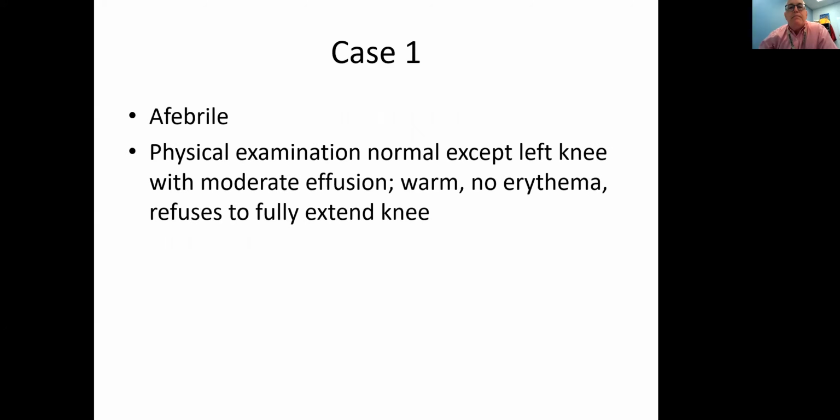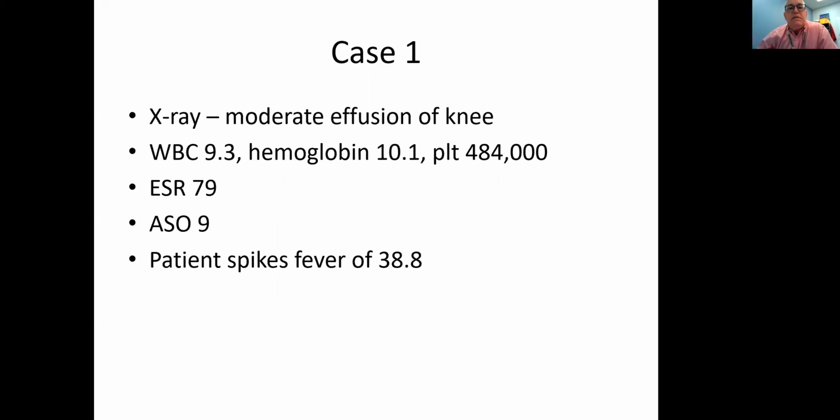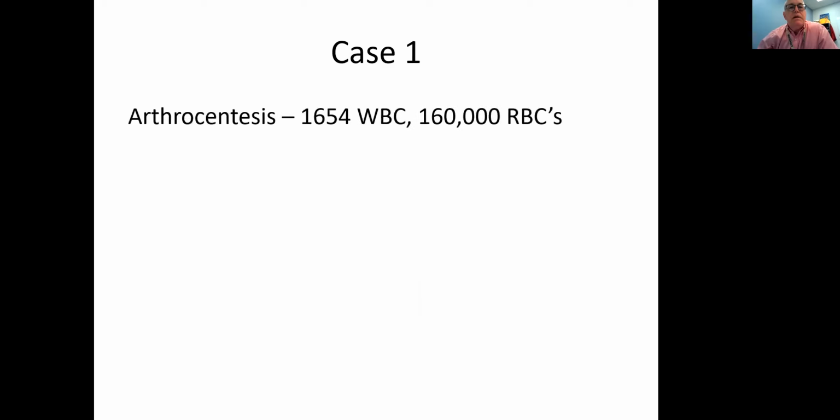So we think about infectious and autoimmune as our top ones. She's afebrile, and then she becomes febrile. She has a high sed rate, so our suspicion of infectious arthritis goes up. She gets an arthrocentesis, which is very bland, really doesn't look like infection.